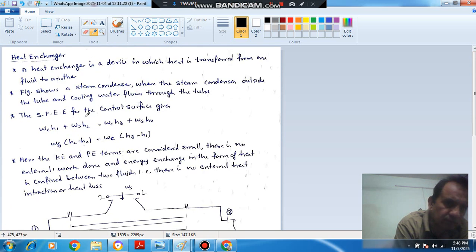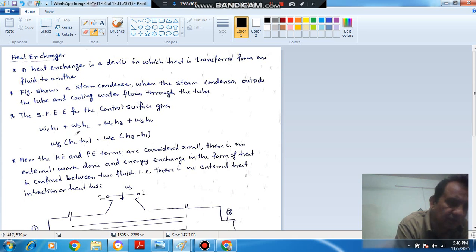The steady flow energy equation for the control surface gives, as already explained, no change in kinetic energy since inlet and outlet velocities are the same, no change in potential energy if the levels are the same, no external work and no external heat. So we just have to balance enthalpy.